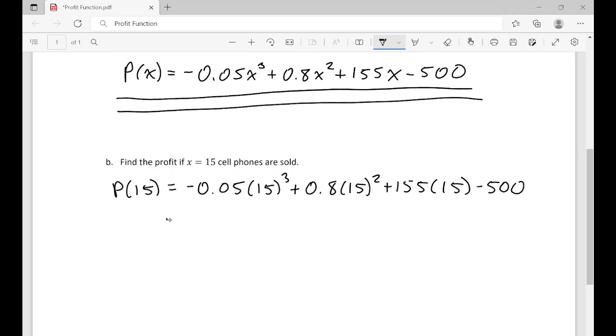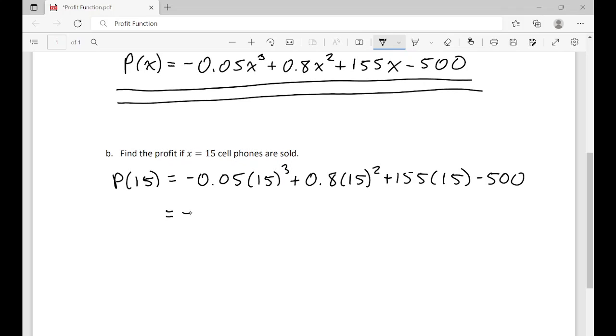You can put it all into a calculator one time, but I'll go through it piece by piece. So negative 0.05 and then 15 cubed is 3,375, plus 0.8 and 15 squared is 225, and then 155 times 15 is 2,325, minus 500.